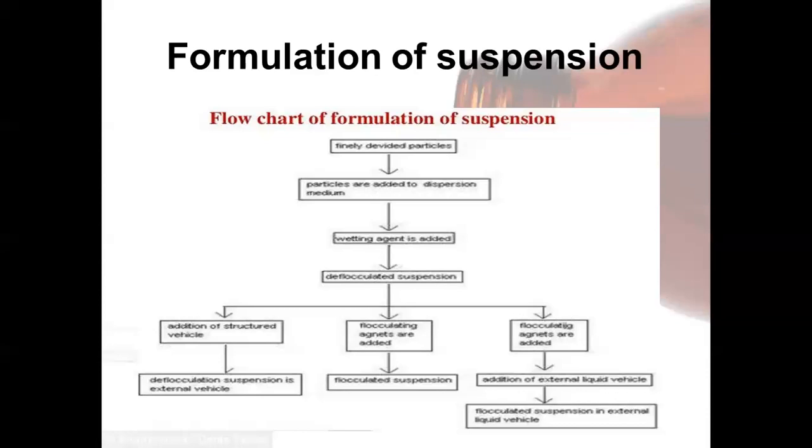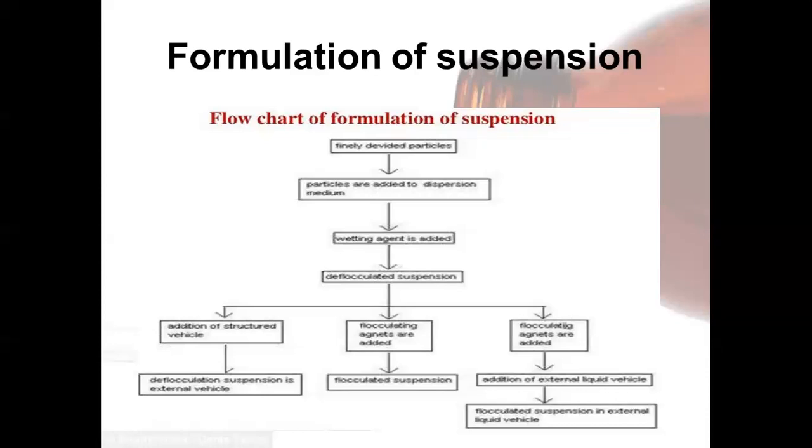Clays such as bentonite are effective at a concentration of 2 to 5% weight by volume, depending upon the pH of the system and ionic strength. When clays are used as suspending agents, it is essential to add preservatives such as methylparaben and propylparaben because clays promote the growth of molds.